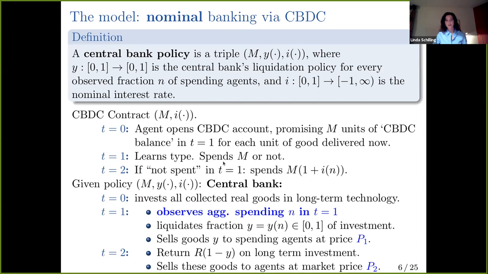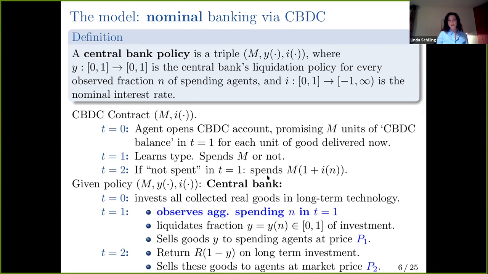At time 1, the agent learns her type and needs to decide whether to spend or not. If she spends, she's going to walk on the market with this quantity M of CBDC and will shop for real goods. If she decides to spend rather late at time 2, then she's going to spend M times 1 plus I, where this is the nominal interest rate set by the central bank as part of the policy. Okay, so this is the perspective of the individual agent.